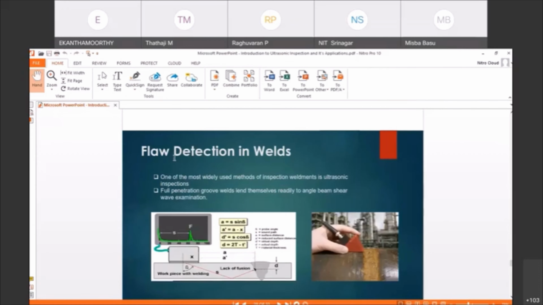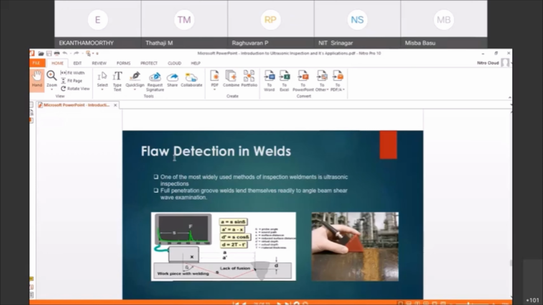As I discussed, flaw detection in welds is very important. Weld integrity, whether there are any abnormalities or any lack of fusion, porosity, or any slag, or any root fusion issues. All of this can be easily detected using angle beam inspection. It's mostly widely used in inspection of weldments in ultrasonic inspection.